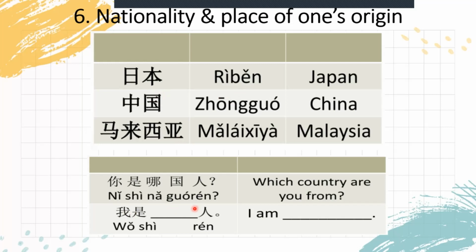Okay. 我是马来西亚人。对 Okay, good, yes. 你好，我是马来西亚人。So everyone can understand what is Malaysia? It's Malaysia. But you need to add a 人 at the back. If you say 我是马来西亚 means you are a country, you know. You are not a person, you are not people. You are just a country. So that's why you need to add a 人 at the back after the country name. Okay, this one you are going to cover as well.